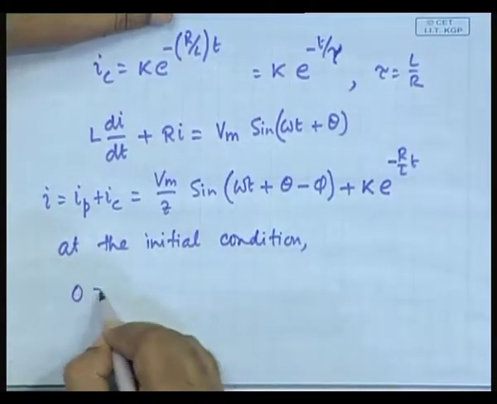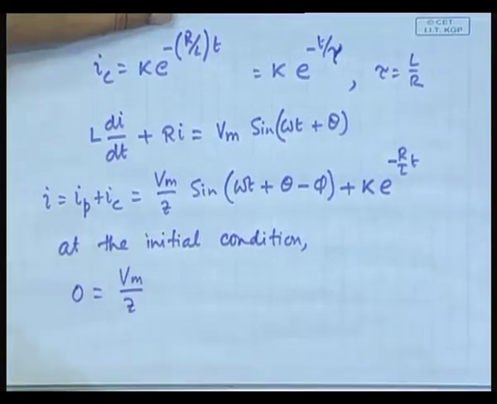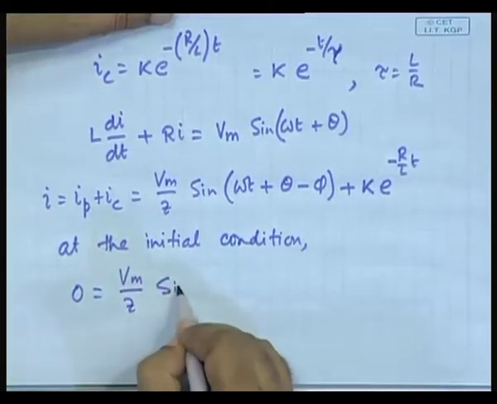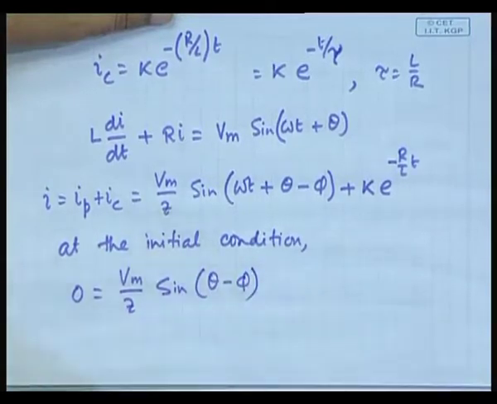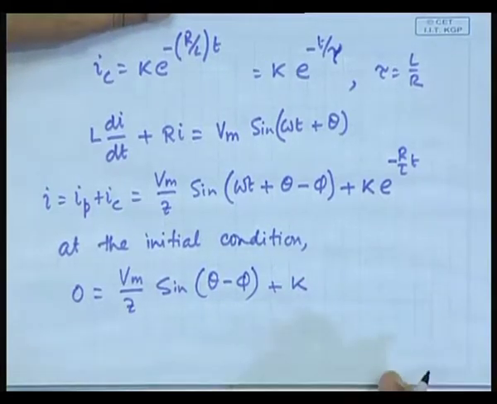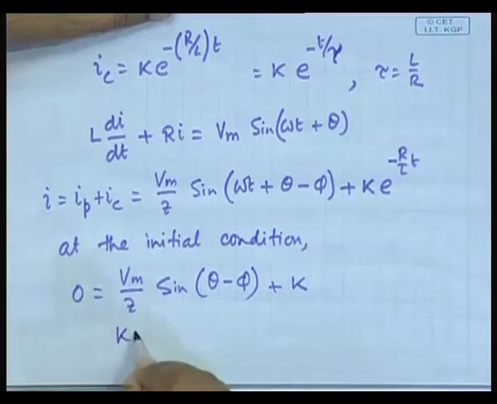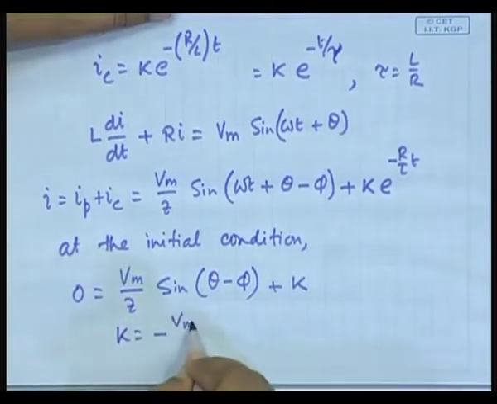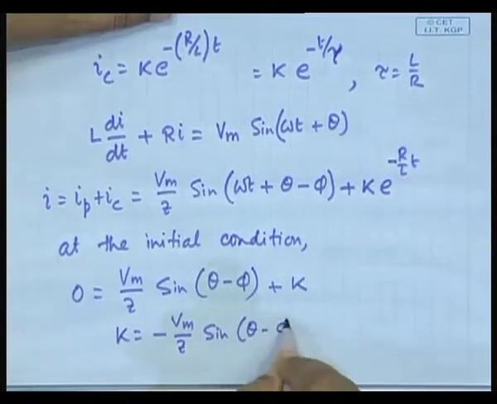So, 0 is equal to V m by Z sin theta minus phi plus k, okay. Or k is equal to minus this. So, k is equal to minus V m by Z sin theta minus phi.